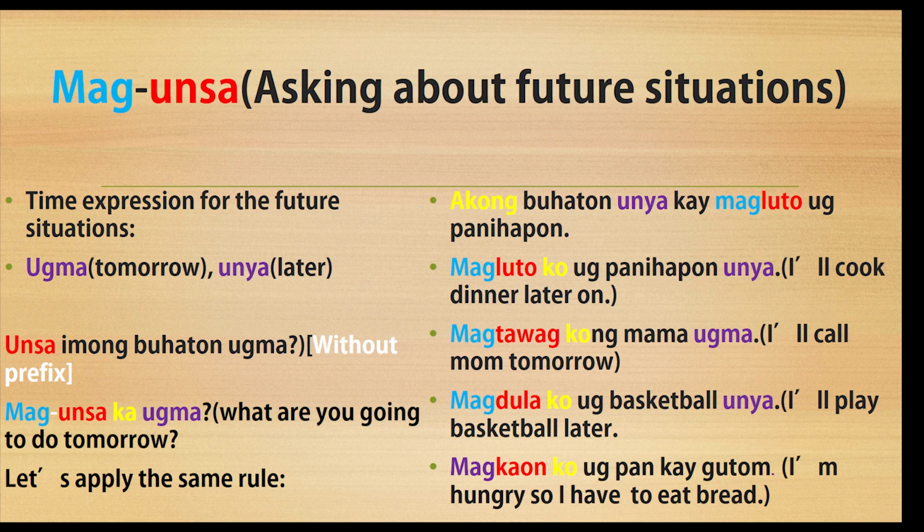Here, ko is the possessive pronoun with the linker ng. Magdula ko og basketball unya. I'll play basketball later. Magkaon ko og pan kay gutom. I'm hungry so I have to eat bread.